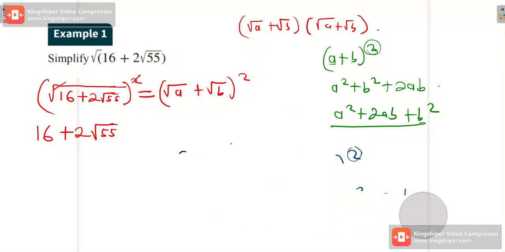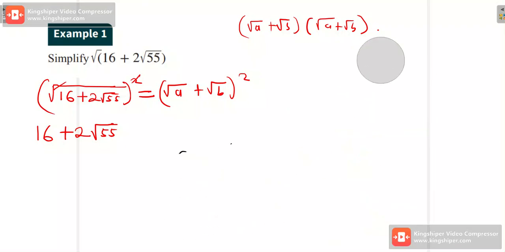So we are going to apply that here. So instead of expanding it step by step, I can just pick one, that is root of a plus root of b, then I'll square it. So if I square it, the rule says that square each of them. So root of a squared is a, root of b squared is also b.